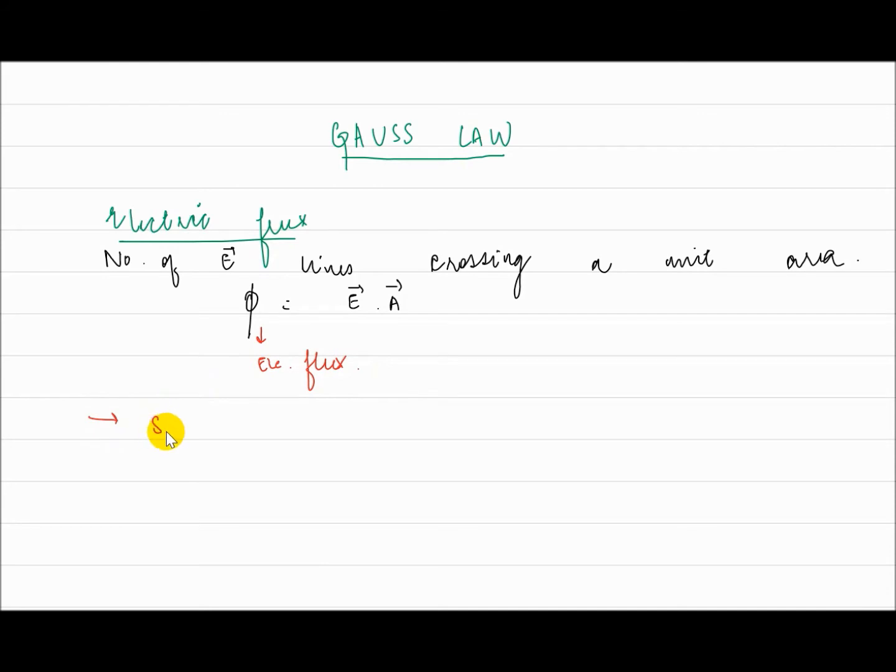It is a scalar quantity and the unit is Newton meter square per coulomb or Vm. We can also write phi as integration of E dot dA, that is the area.